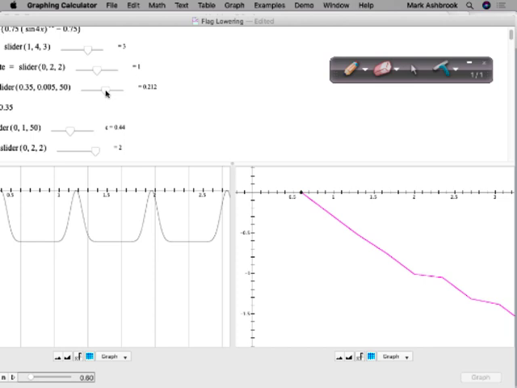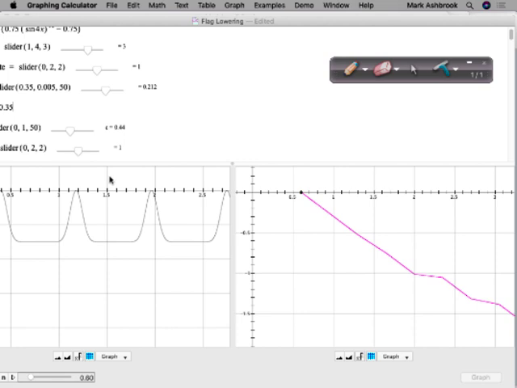So now my interval is 0.212, and I'm going to let this one be generated, and we'll see what happens. Watch what happens. Here we go, ready?